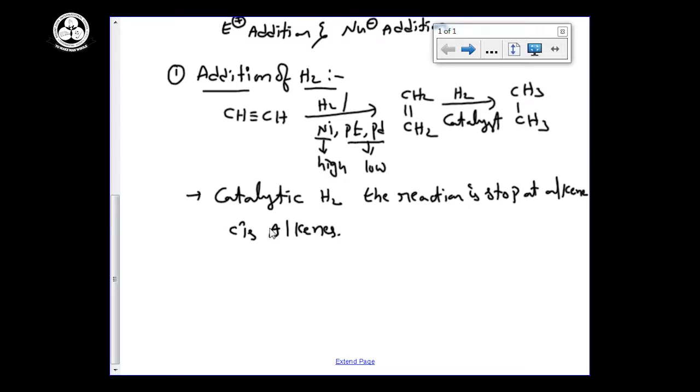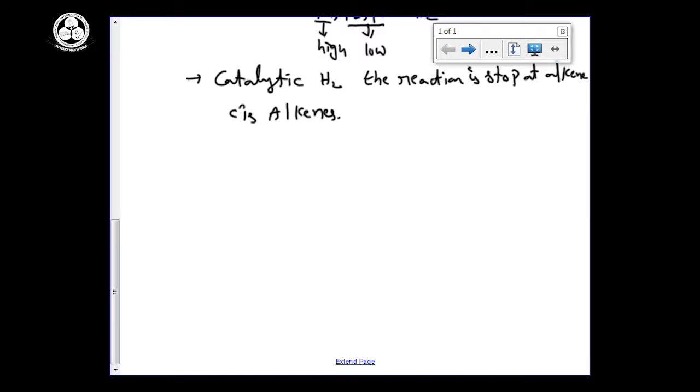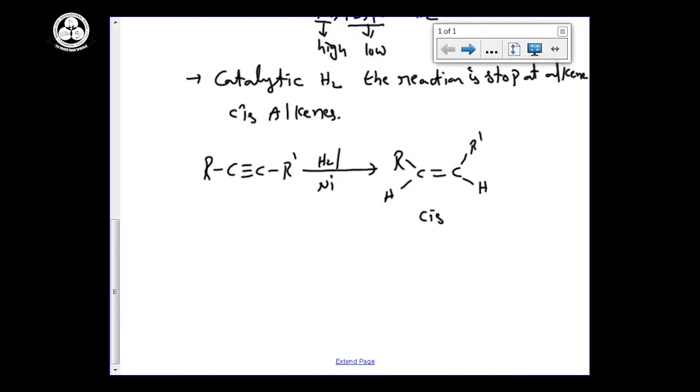See the detailed mechanism in alkenes properties. We are observing this for higher alkynes, and we go for catalytic hydrogenation, hydrogen in presence of catalyst, nickel or platinum or palladium. You can get R C double bond C R', with this hydrogen and this hydrogen on the same side. So we can get the cis form only, cis alkenes.